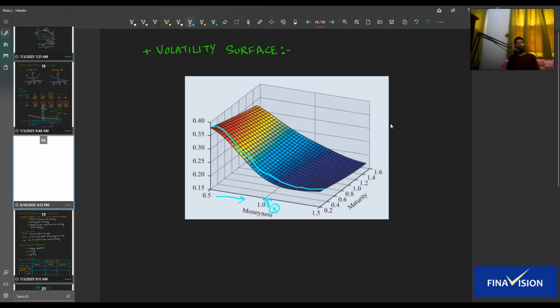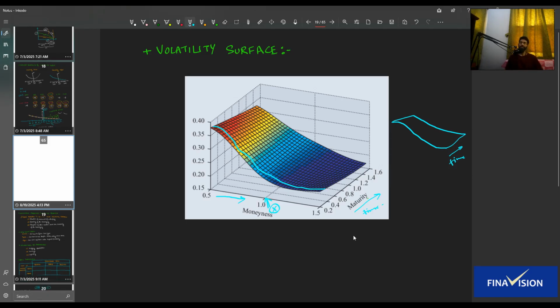This will look something like this in 2D. And if we just rotate it a little bit, we can see the plane, and it looks something like this, right? This is the time axis. Okay friends, so this is how this looks like.